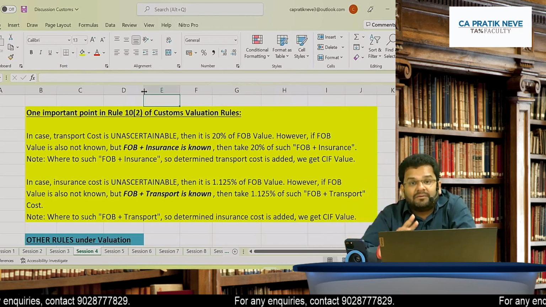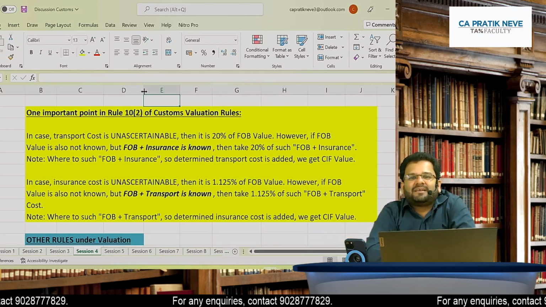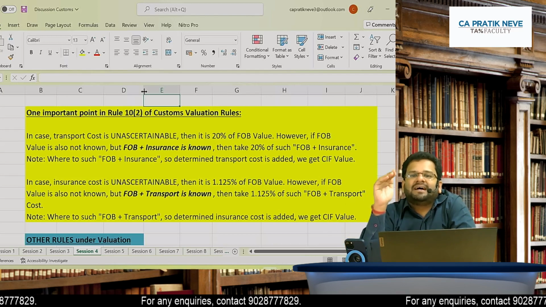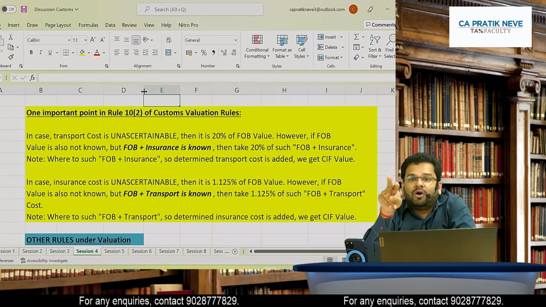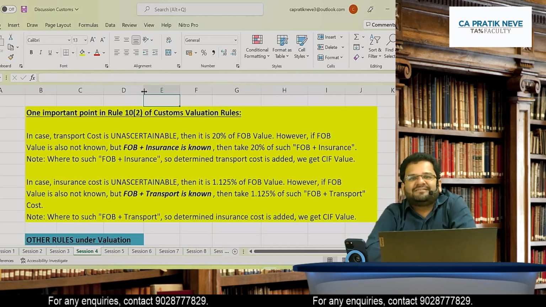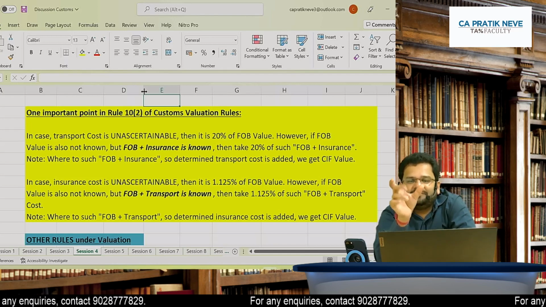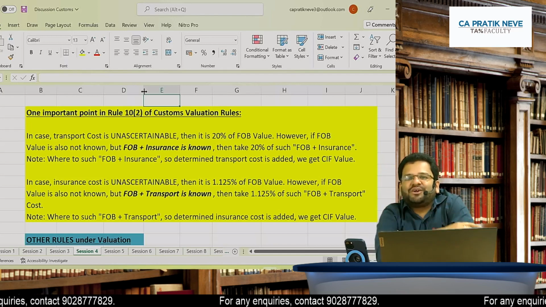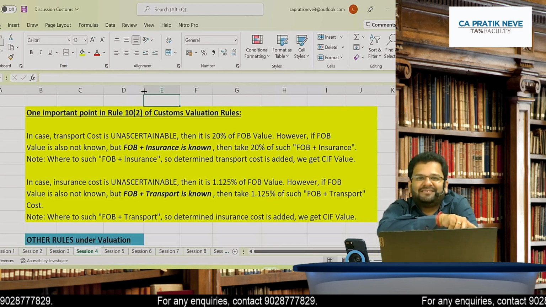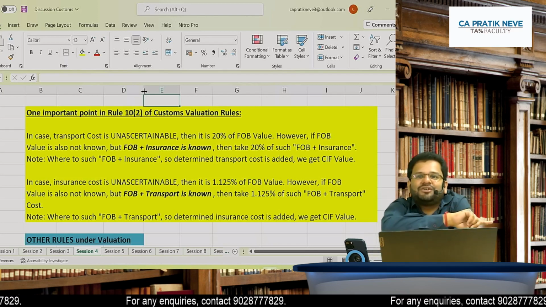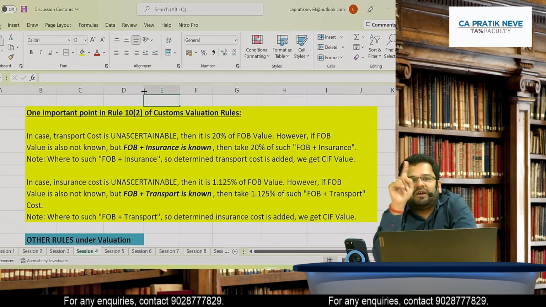But FOB plus insurance is known. In that case, you have to compromise and take transport as 20% of FOB plus insurance. Only FOB is not given, but FOB plus insurance is known and transport is not known. Now you will take transport as 20% of FOB plus insurance.